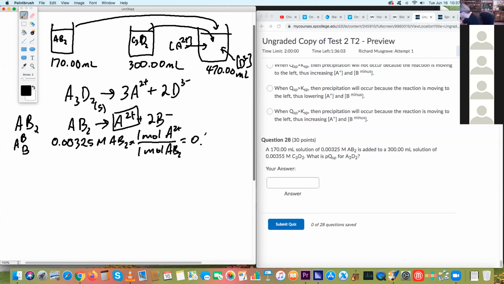It's not always going to be 1-to-1, by the way. It all depends on what you've got, but that would be 0.00325 molar A2 plus.